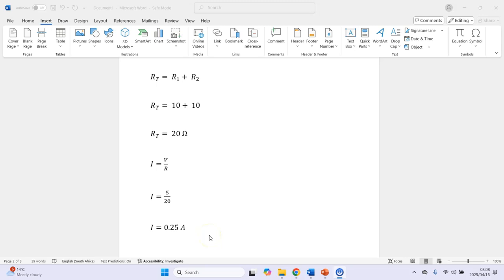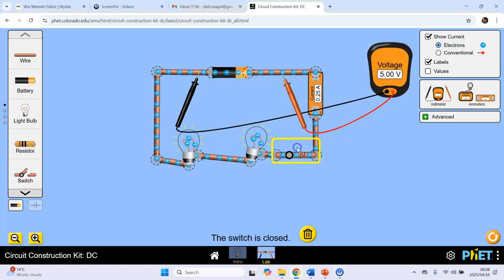From the previous circuit, we have doubled our resistance. Therefore, we have halved our current because resistance and current are inversely proportional. Let's close the switch. And now we can see that the current is 0.25 amps, exactly as we had calculated.